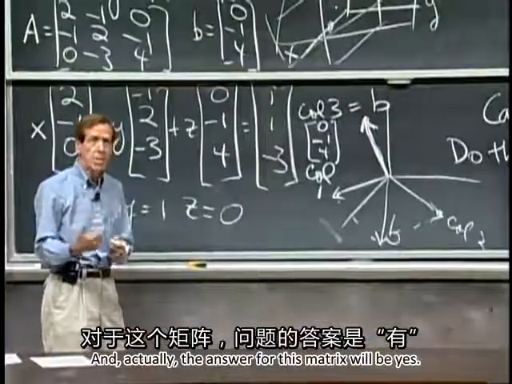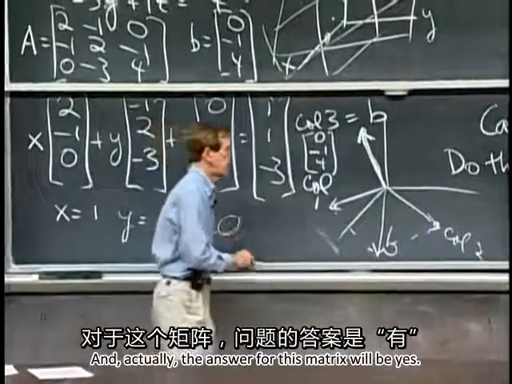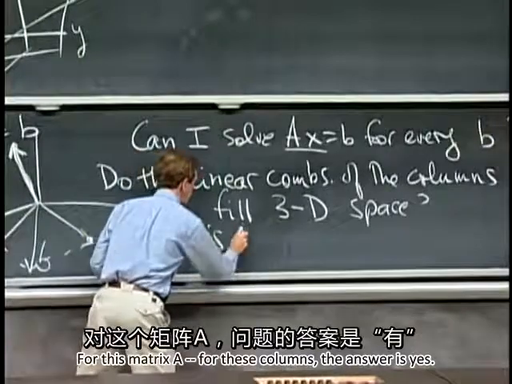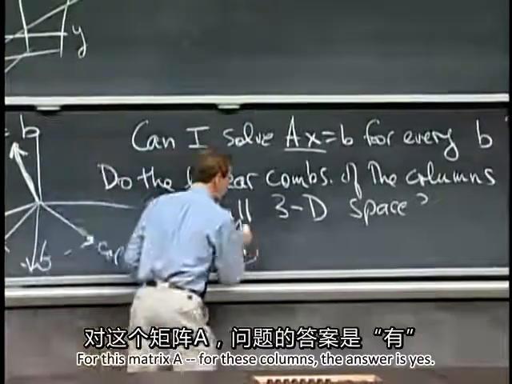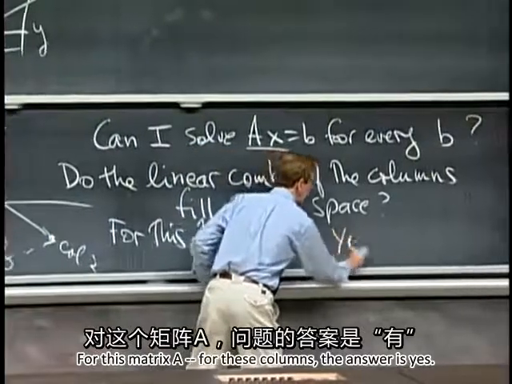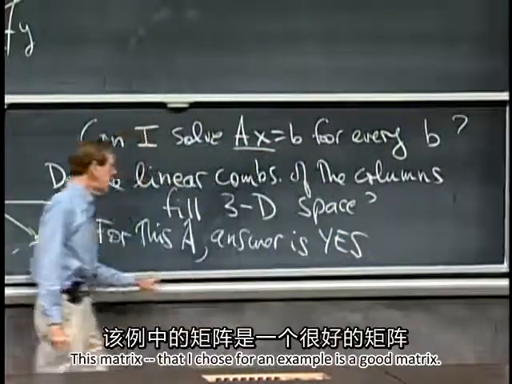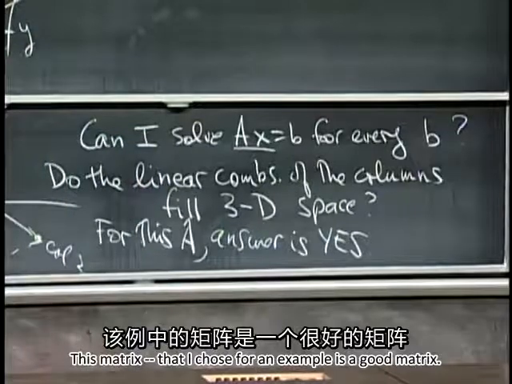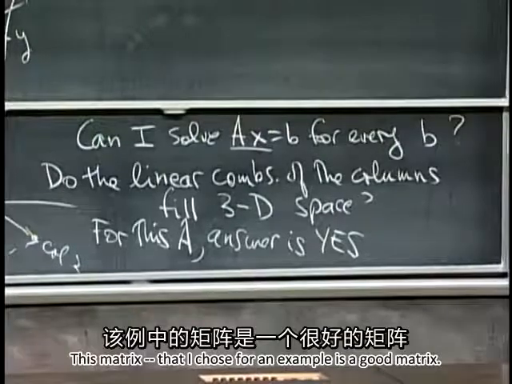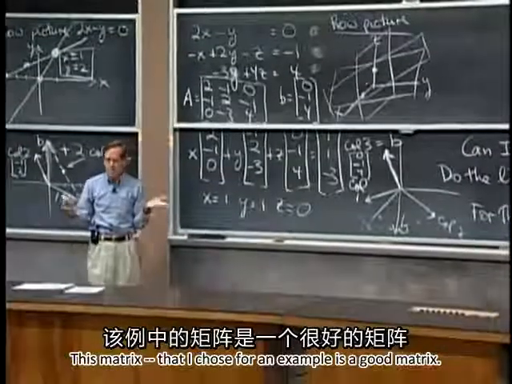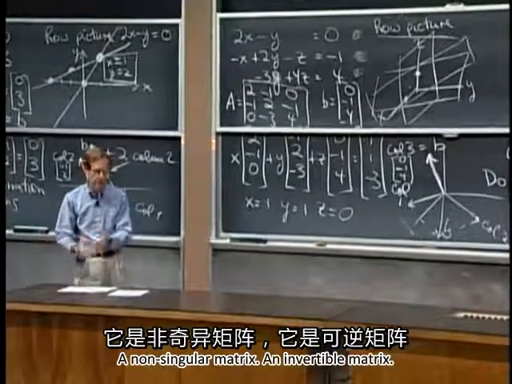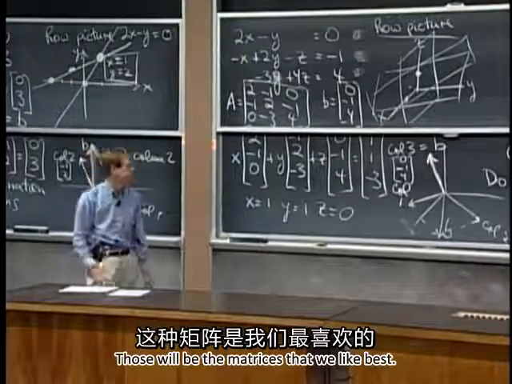And actually, the answer for this matrix A, for these columns, will be yes. This matrix that I chose for an example is a good matrix, a non-singular matrix, an invertible matrix. Those will be the matrices that we like best.